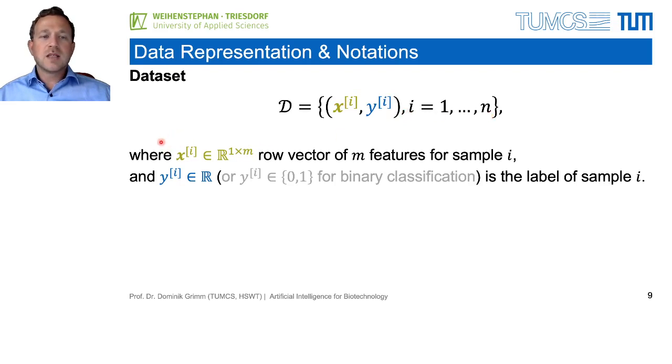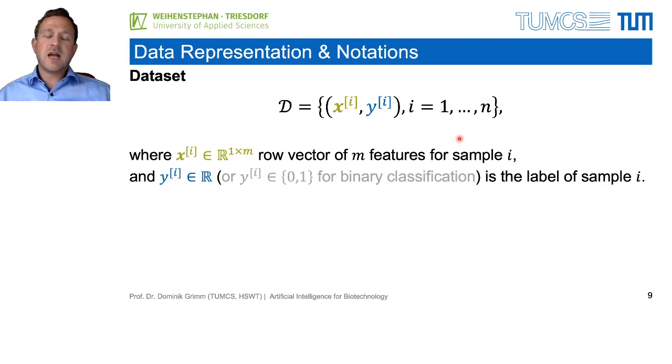So this means that x superscript i is the row vector of m features for sample i, and y superscript i denotes the label for the sample i. That's our data set for all our n samples.